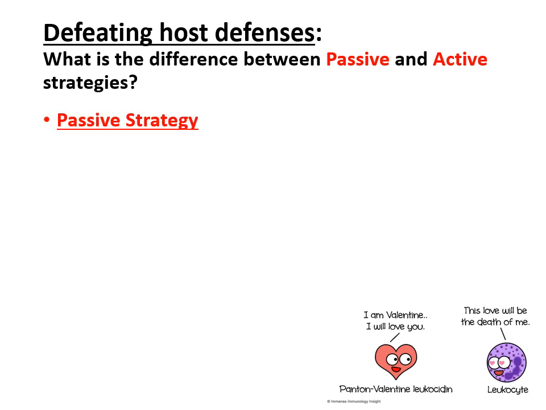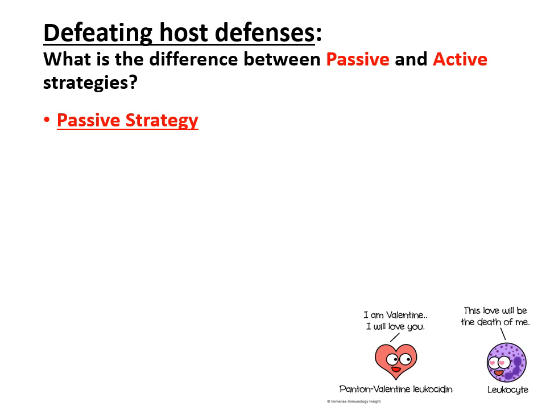Active means energy, whereas passive means no energy. Very passive, you don't need to do anything extra. It's just there, right? So for bacteria, if they're trying to defeat the host defenses passively, it tells you that it's something about them that they don't have to do anything extra for.